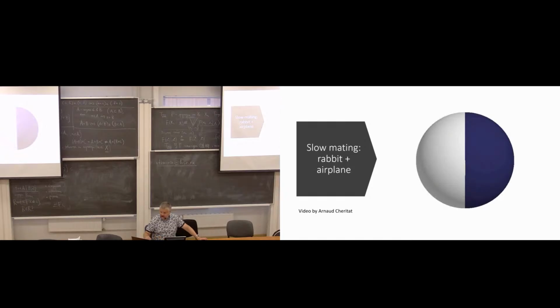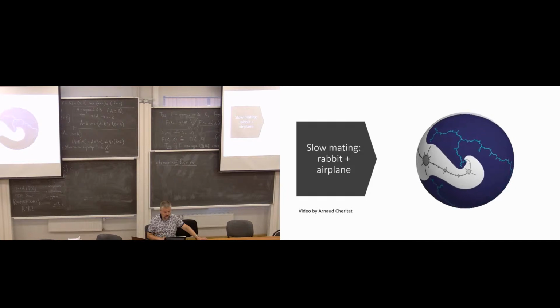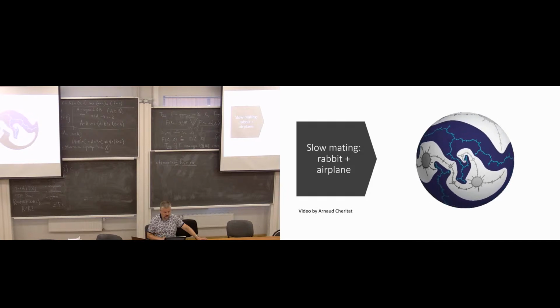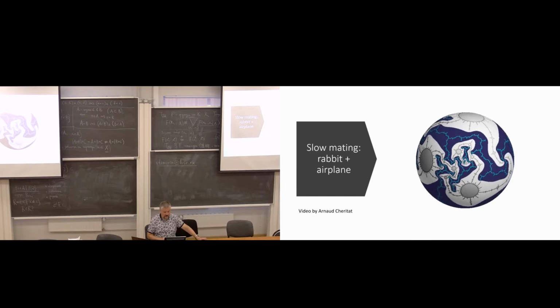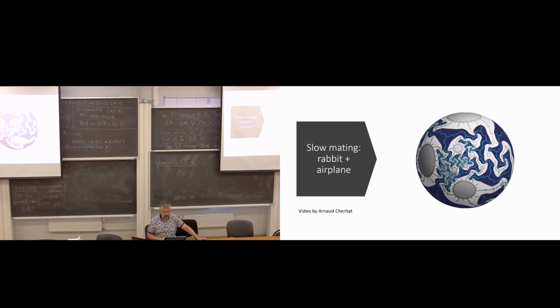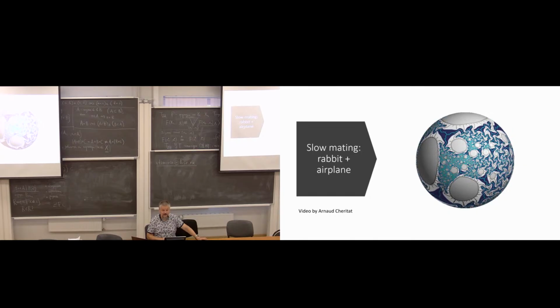Now, this is also interesting. Now, what happens if we mate a rabbit with the airplane? Let me show. The caption is wrong because it's a dendrite plus an airplane, not a rabbit. Not a rabbit plus an airplane.